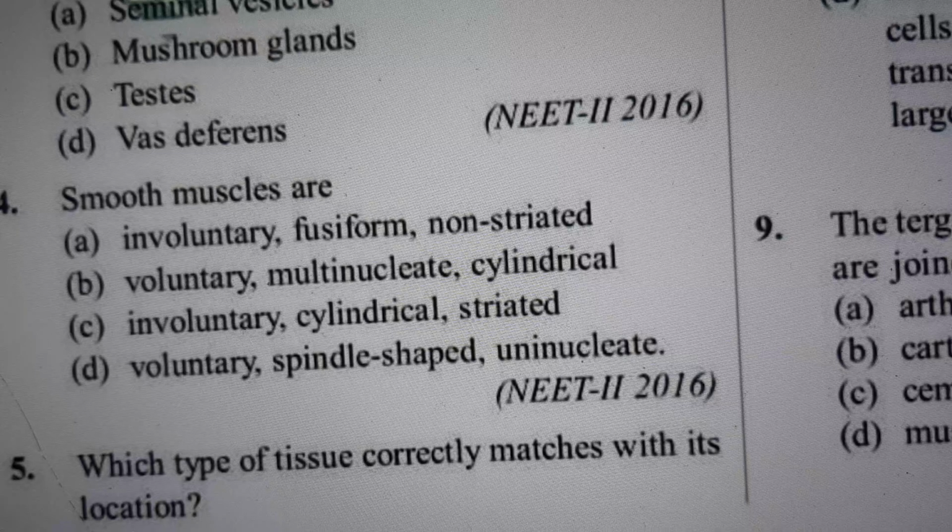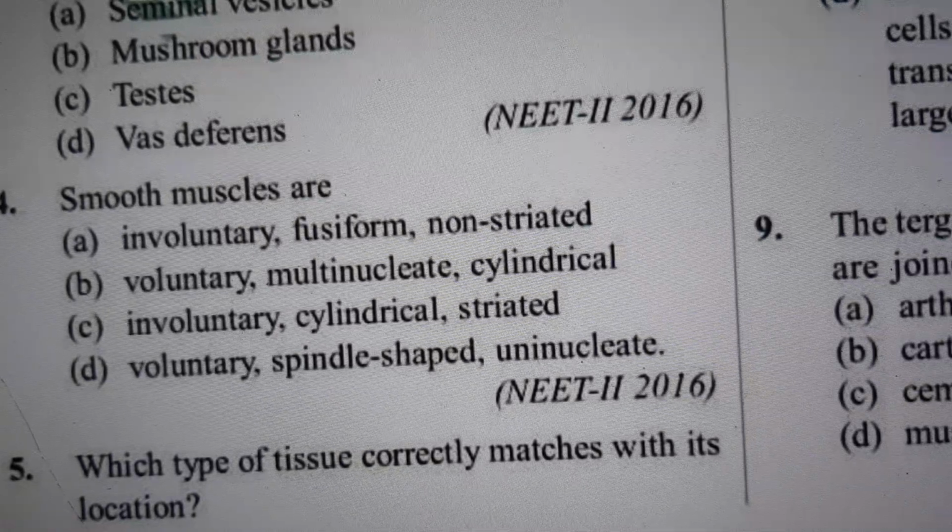The first question which we have is: smooth muscles are A. Involuntary, fusiform, non-striated. B. Voluntary, multinucleate, cylindrical. C. Involuntary, cylindrical, striated. D. Voluntary, spindle-shaped, uninucleated.